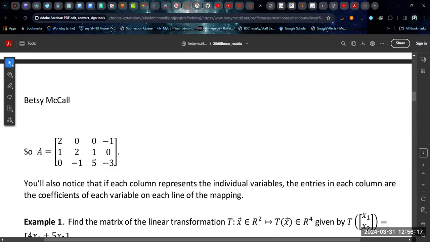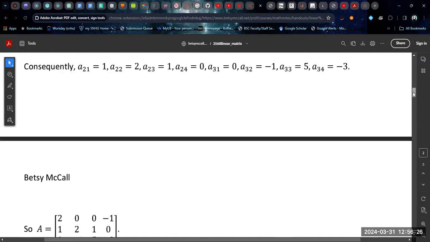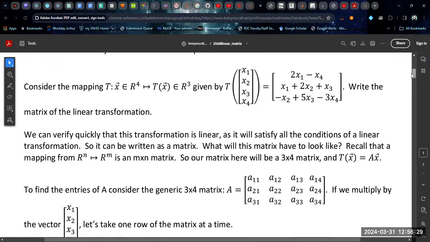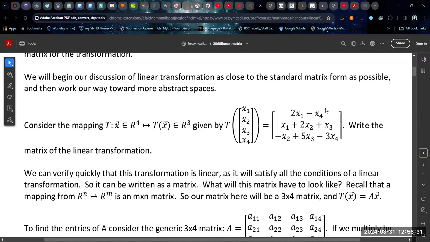Now, in fact, if we just go through our original example and pull out the coefficients, we get exactly the same thing. So if we go back to the top here, and I just write this statement, just like I would a coefficient matrix in matrix form, I fill in zeros where the coefficients are missing: 2, 0, 0, -1, 1, 2, 1, 0, 0, -1, 5, -3.